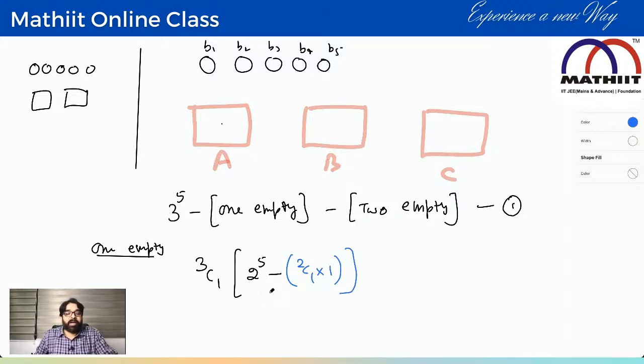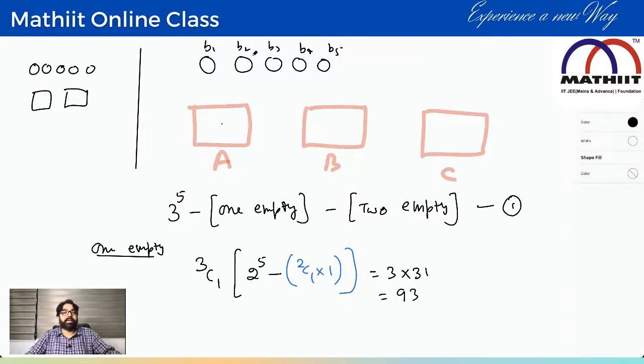This is the case when all 5 will go in just one of these 2. So finally, 2 power 5, 32, minus 2C1, which is 2, so 32 minus 2, 31, that will become 93.